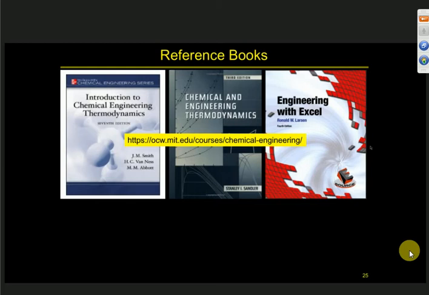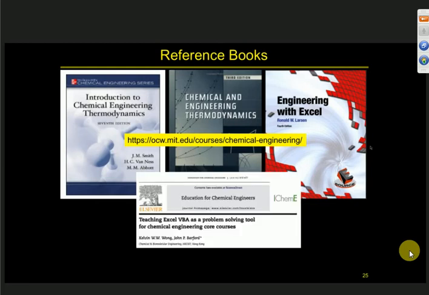It will help them understand better. And also there are scientific papers, like in Education for Chemical Engineers, where they discuss teaching Excel VBA as a problem solving tool for chemical engineering courses. So you can also check this journal for different papers.